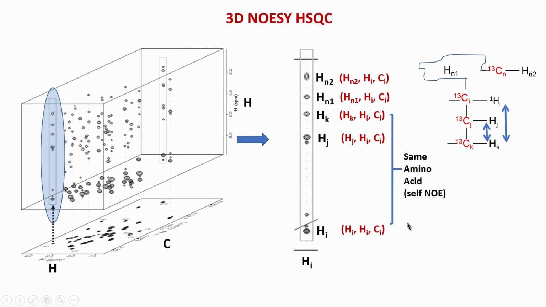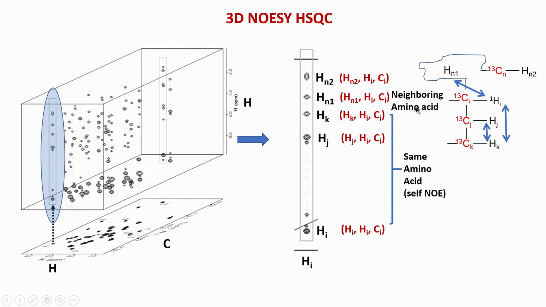Now, these 3 correlations, as I said, could be from the same amino acid, and when the correlation is between two protons that belong to the same amino acid, we use the word self NOE; self means the same amino acid. Now, imagine this HN1 is from the next, neighboring amino acid. There is an interaction because they are close by in space.